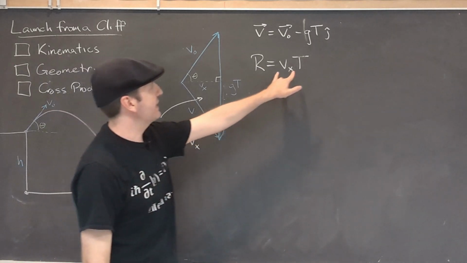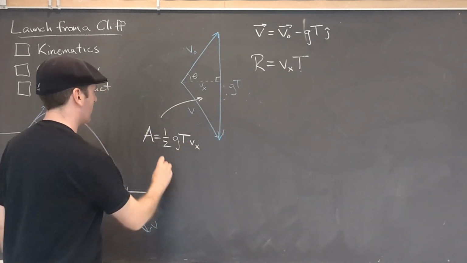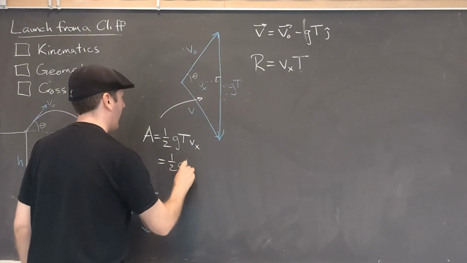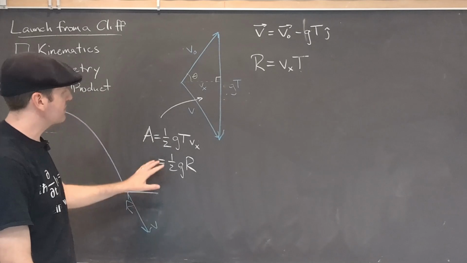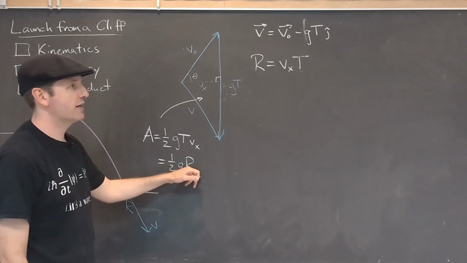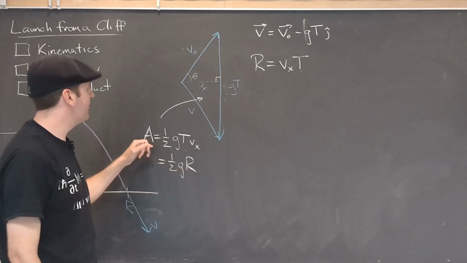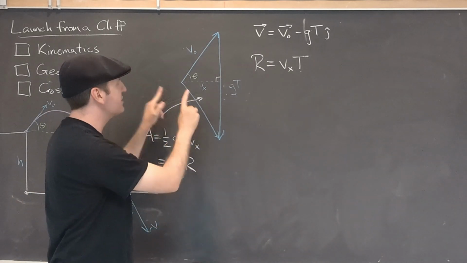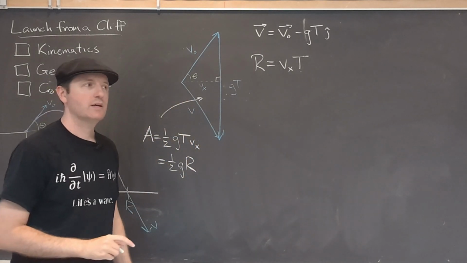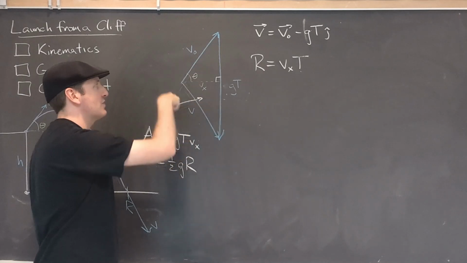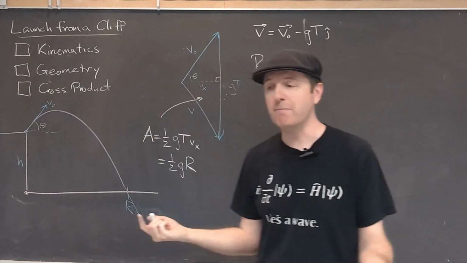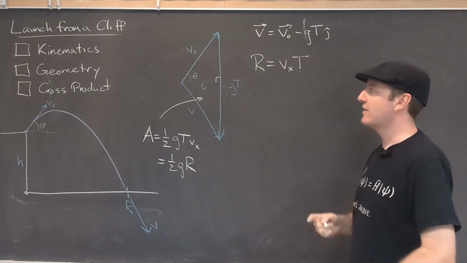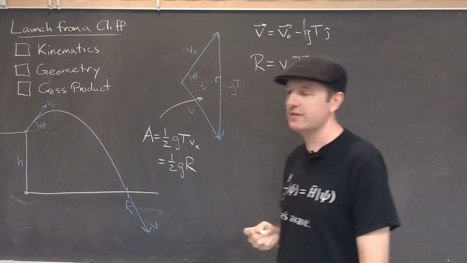But look, Vx times t is exactly r, and g and 1/2 are constants. That means maximizing the range of this projectile motion is equivalent to maximizing the area of this triangle. So if I can maximize the area of this triangle, I will maximize the range. Pretty cute, huh?